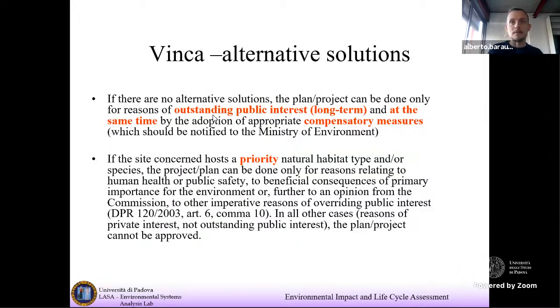You see, in the first case, you can have economic interest as a reason of outstanding public interest. If you have a priority habitat or species, you have reasons relating to human health or public safety. Or you have to ask the permission to the Commission, basically. You have to get an opinion from the Commission.